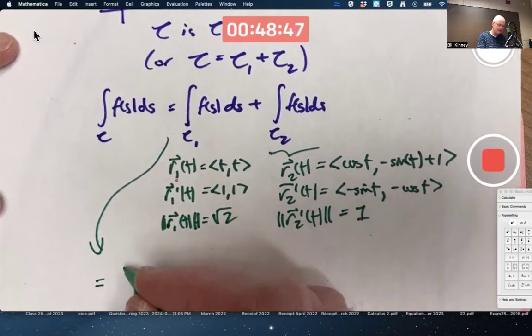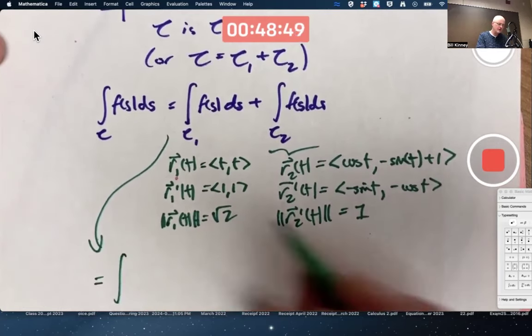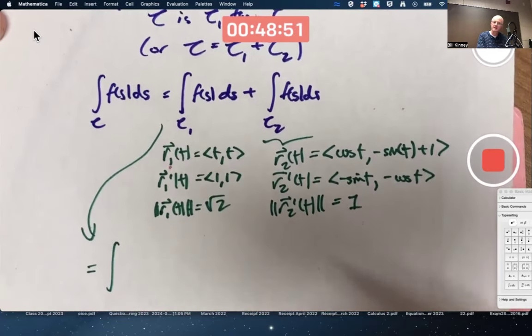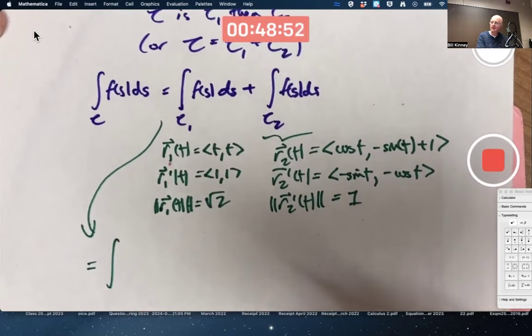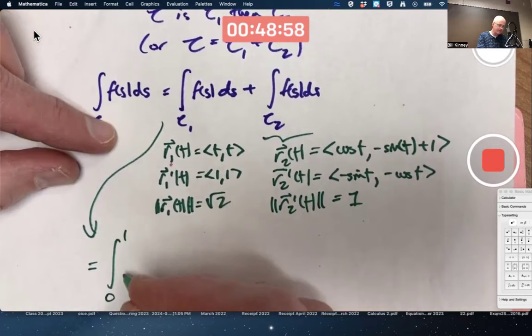So to do these integrals, you use those parameterizations, you plug them into the function, and integrate over the appropriate intervals. In this one, this parameterization, t goes from 0 to 1.